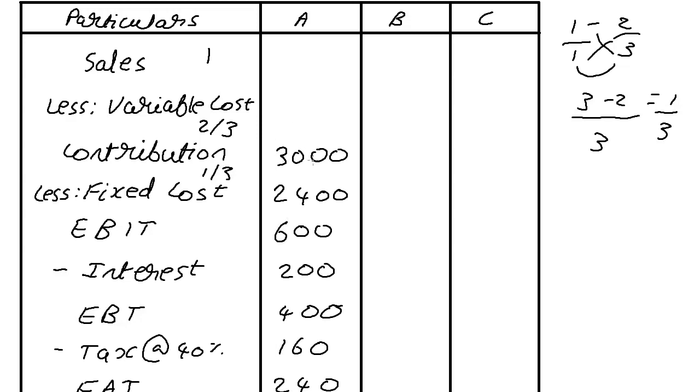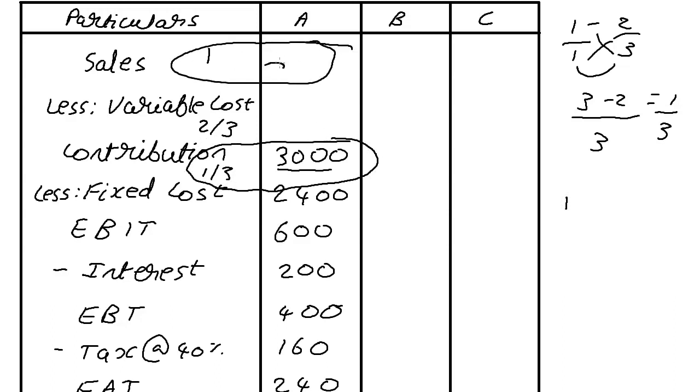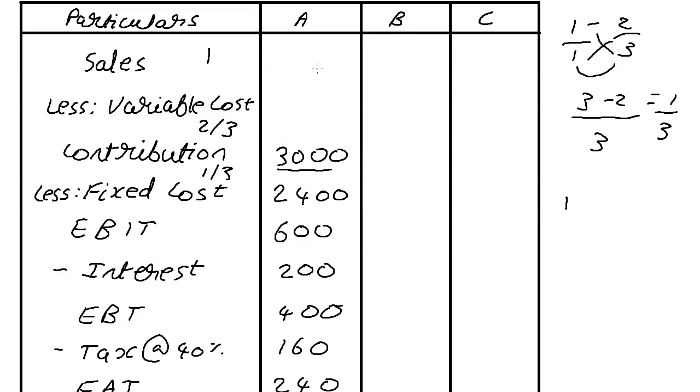Now, 3000 corresponds to 1 by 3. 1 is X, and we have to cross multiply like that. I'm going to write it over here so it becomes easier for you to understand. Remember this is in the same row. 1 by 3 corresponds to 3000, and therefore 1 is X. We cross multiply.